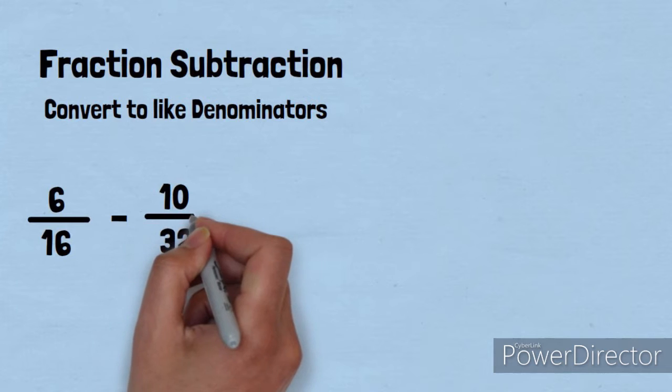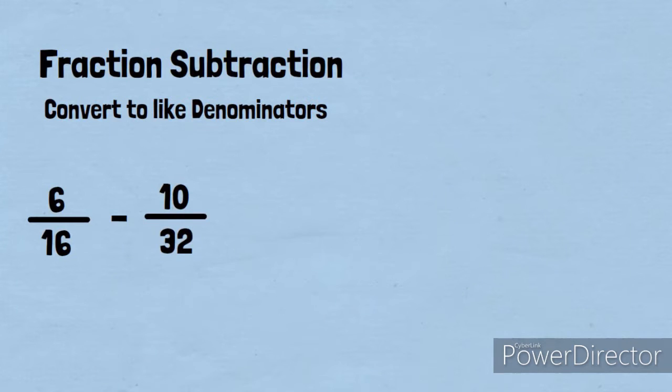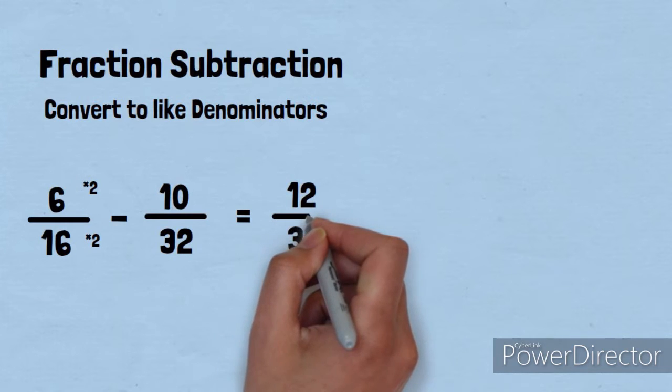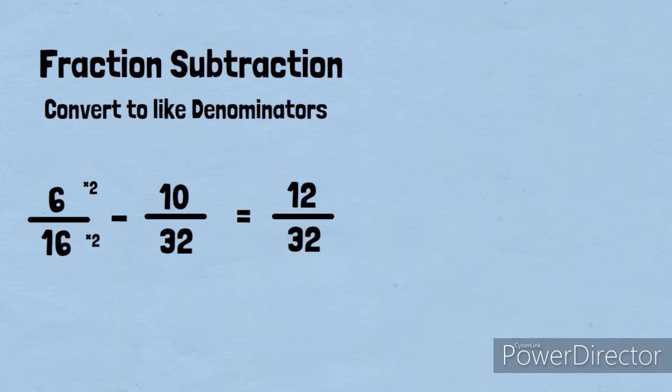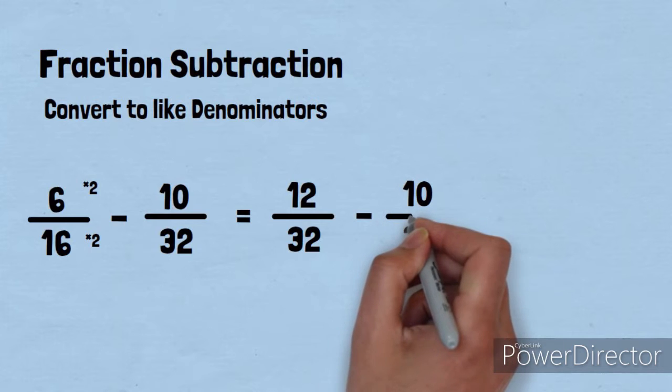In this example, our denominators are not the same, but we can multiply 6/16 by 2 to get the denominator as 32. 6 times 2 is 12 and 16 times 2 is 32. So now we have 12/32 minus 10/32.